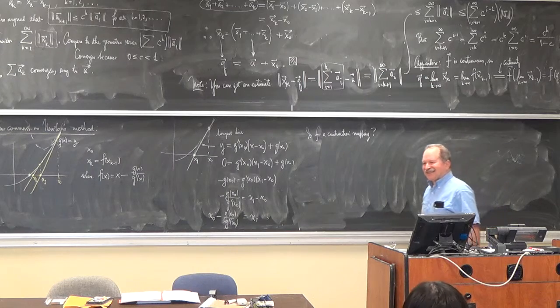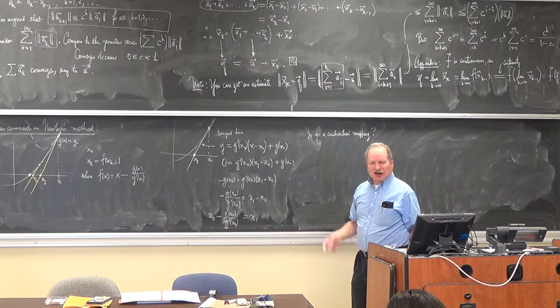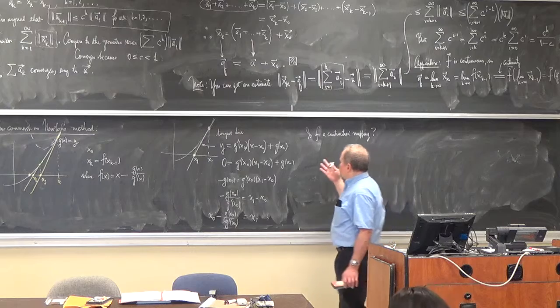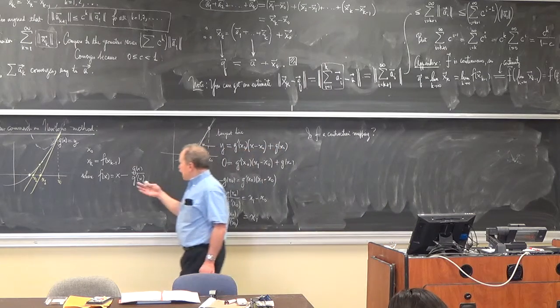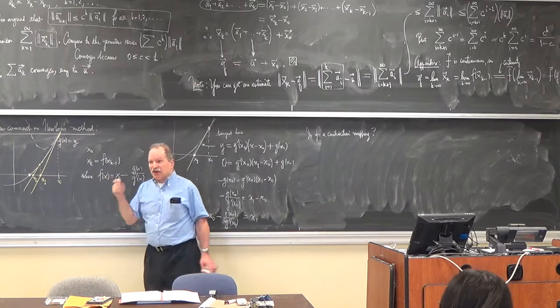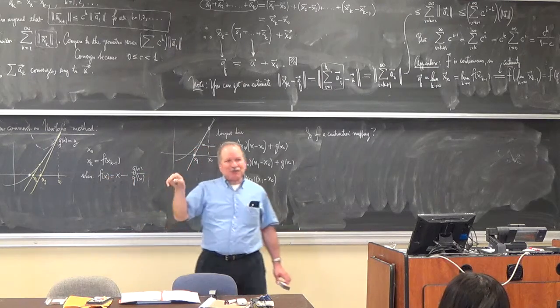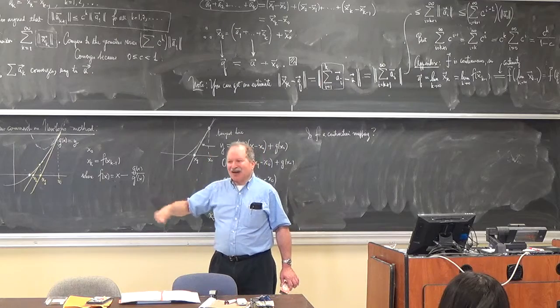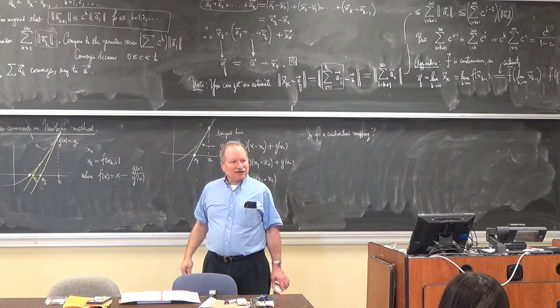Well, better hope so. What did we talk about on Monday? Because of the mean value theorem, it's natural to look at the derivative and see what the derivative looks like. And if the derivative has absolute value less than some number c, less than 1, then you know you've got a contraction map.